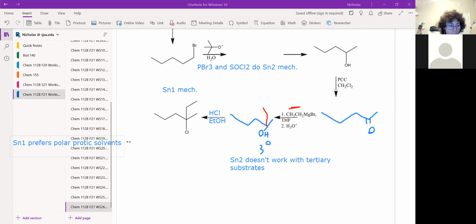So this is an example of a polar protic solvent with the ethanol. It's just anything with a hydrogen bonded to an oxygen, nitrogen, sulfur, where it can do hydrogen bonding. Okay, so that was also a bit of a review of SN1 and SN2.